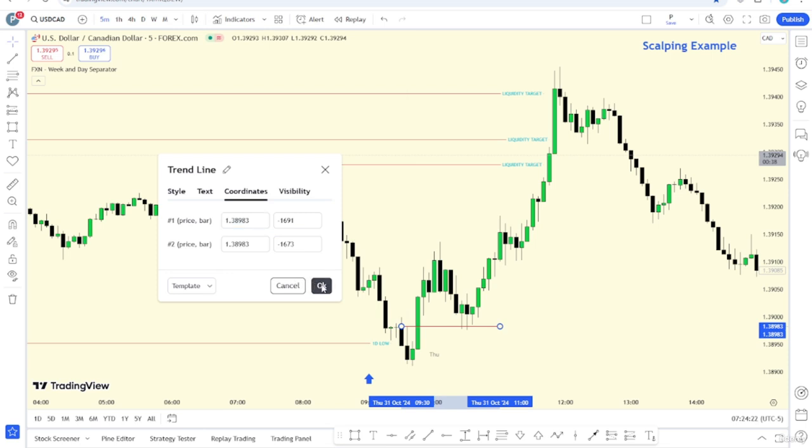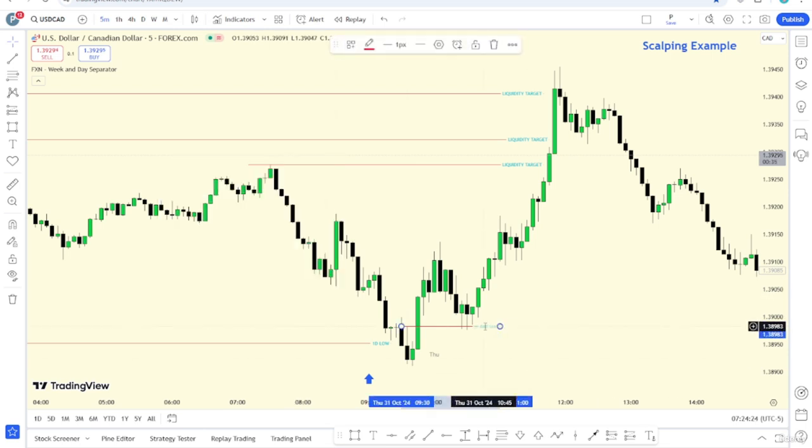That is our 5 minutes order block high, and that is actually our entry point. You can see how aggressively the market moved towards those liquidity targets.